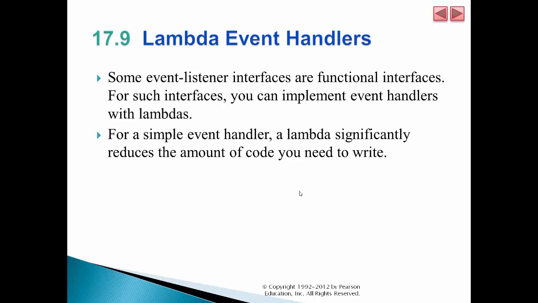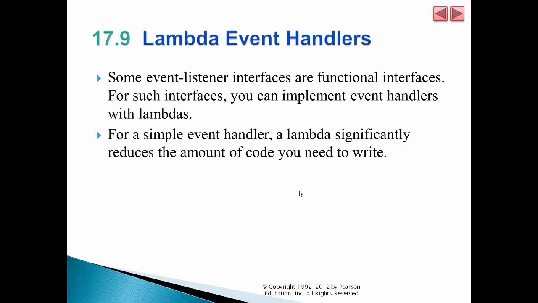Yeah, one more thing that you can do with lambdas is write event handlers using lambda expressions. Let's say this ActionListener in Swing. It's just a functional interface, right? It just has a single method called actionPerformed. And instead of implementing this entire interface with an anonymous class or something, you can simply write a lambda expression which implements that single method, okay?